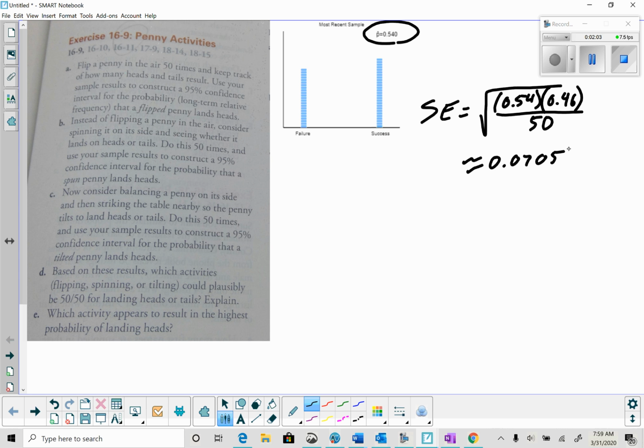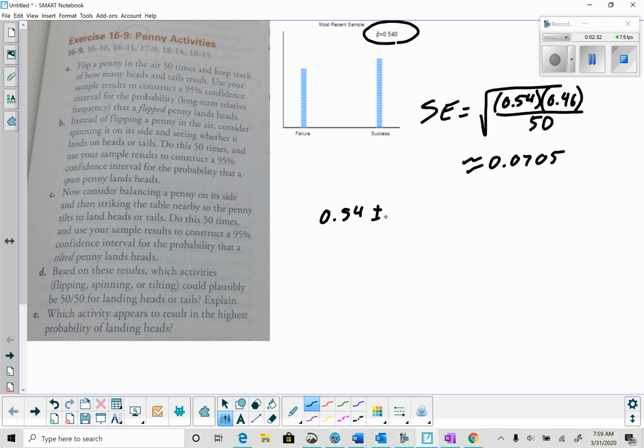Now that I've got that number, I can do the actual confidence interval. Now again, our formula said that we were supposed to take p hat, so in my case, that's the 0.54, plus or minus. Now here's, again, technical conditions.